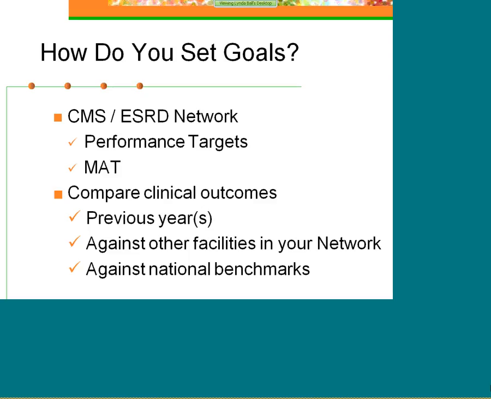So, how do you go about setting goals? Well, there's several ways that you can do it. CMS sets performance targets as well as the networks. And CMS has also designed a document for the state survey agency called the Measures Assessment Tool, the MAT. If you don't have a copy of that, it's on our network website under the conditions for coverage.